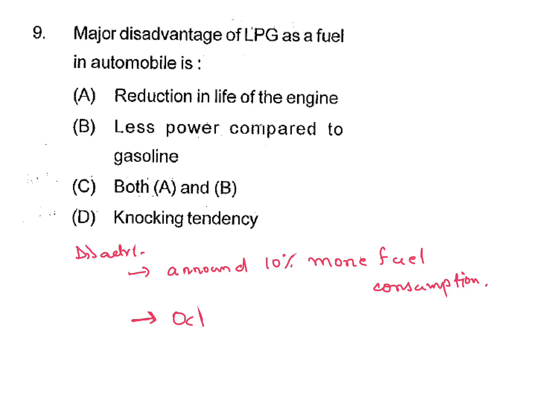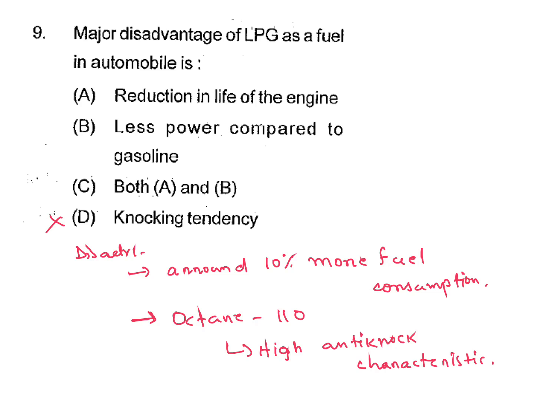Octane number is around 110, so D is not possible, because it has high anti-knock characteristics. So our answer is C: reduction in life of engine and less power compared to gasoline. So for LPG, remember octane number and high anti-knock characteristics.